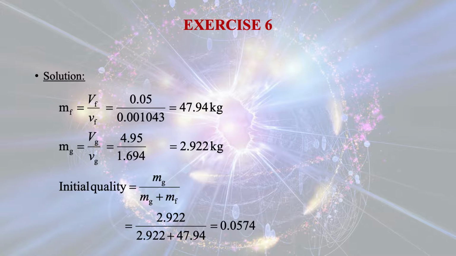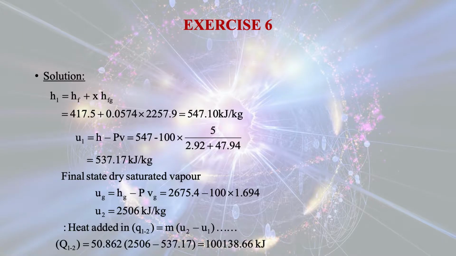Mg is 2.922 kg and mf is 47.94 kg. Just put the values and you can calculate the dryness fraction or the quality at the initial stage, which comes out to be 0.0574. Now just write down the expression for h1 is equal to hf plus x hfg. So hfg is nothing but the difference between hg minus hf.